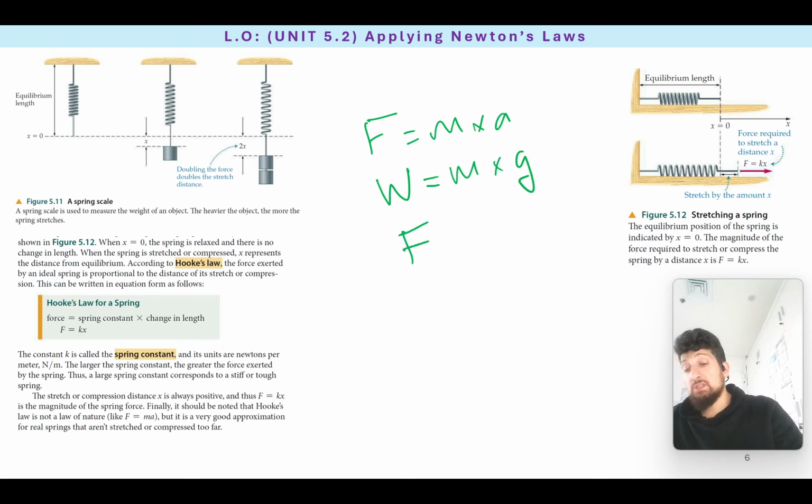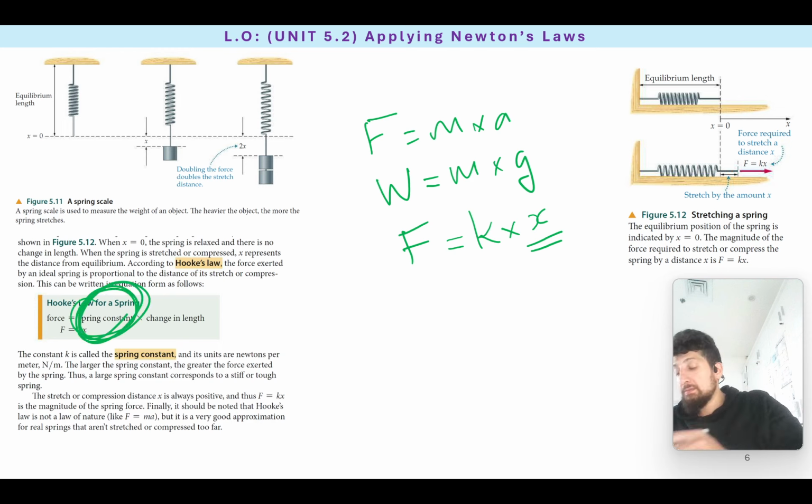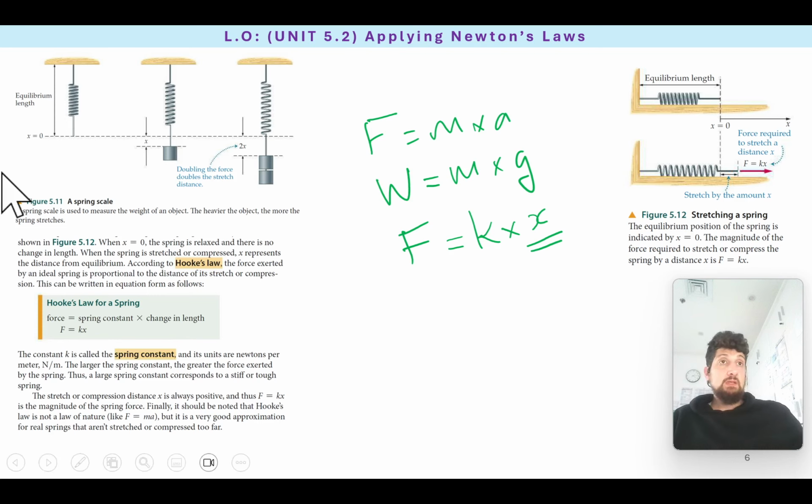The force acting on a spring equals K multiplied by X, which is the stretch of the spring. Now, what is K? K is this thing called the spring constant.